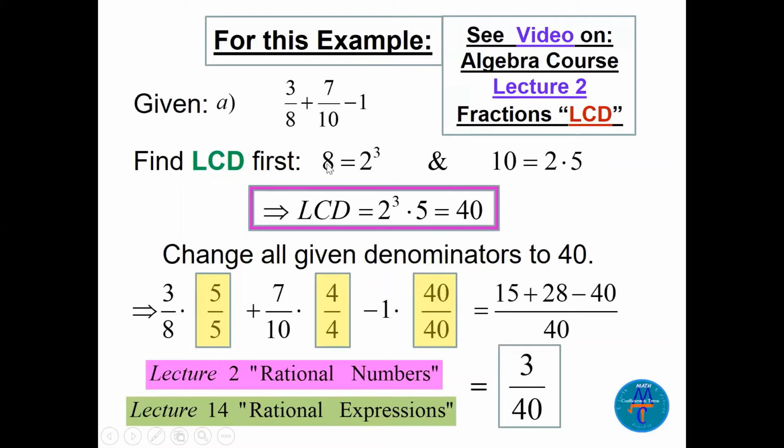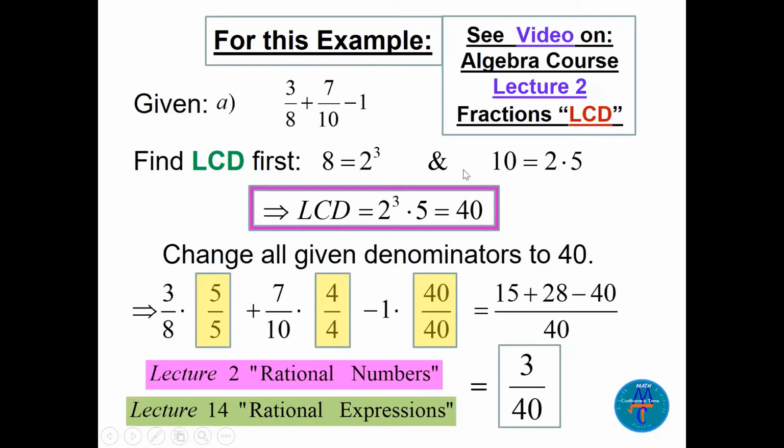Why am I putting this slide from lecture 2? Because lecture 2 is rational numbers, fractions, 2 over 3, 7 over 10, 3 over 8, etc.